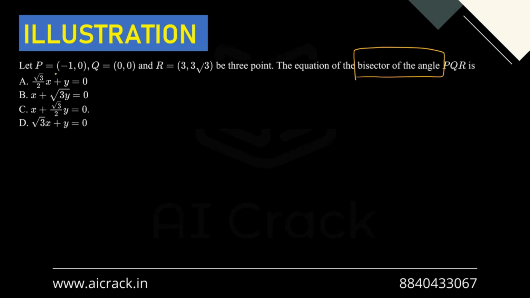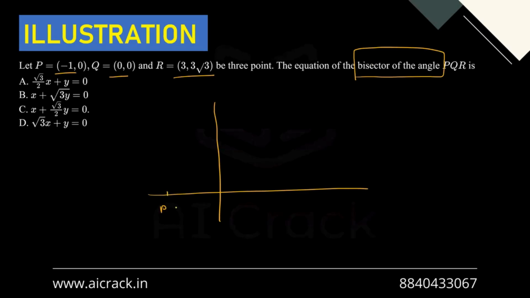But since we have been given very standard points over here, (minus 1, 0), (0, 0), (3, 3 root 3), the first thought process, even after looking at the equation of the angle bisector, should be to plot the points and see what can be done with the given information.